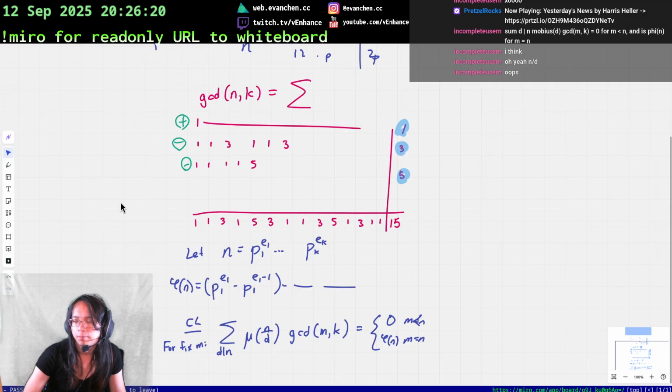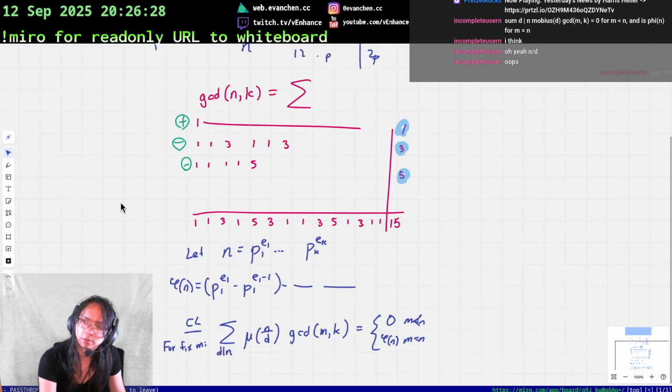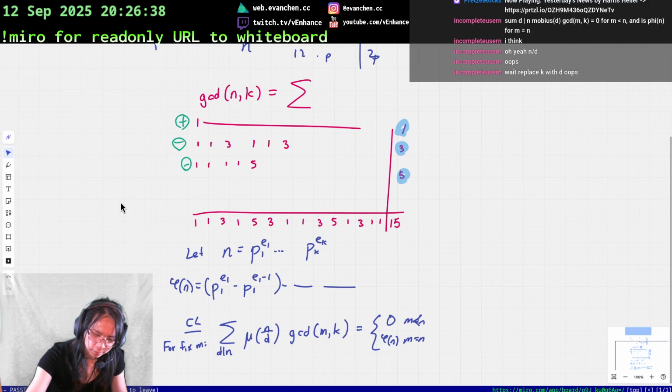If I have a fixed m, can I nuke this with like multiplicative? Hang on. Sorry, this doesn't even type check. This should be m comma d, right? Yeah. I mean, this should just be true, and you just factor it, right? Like you just straight factor it.